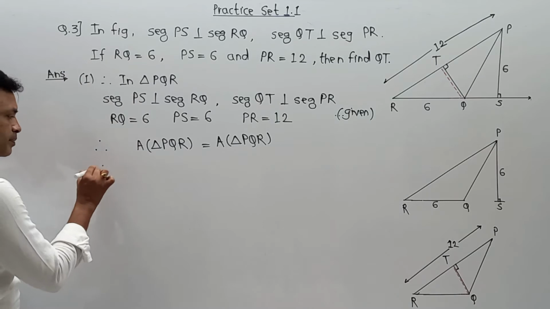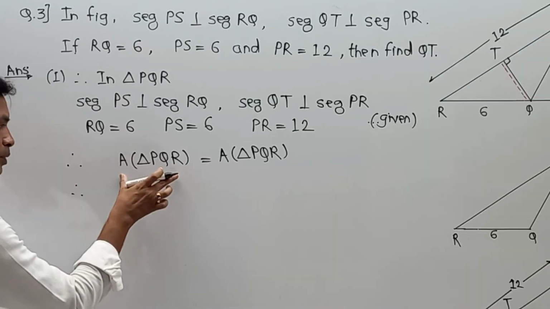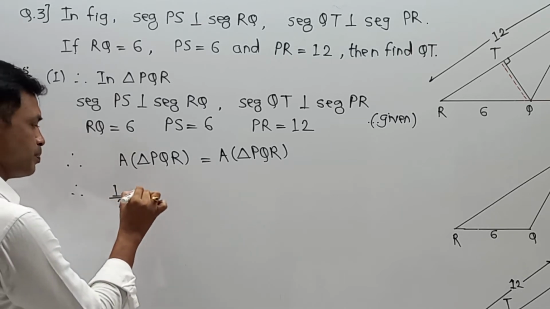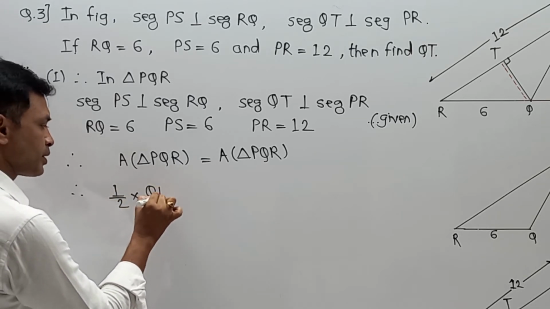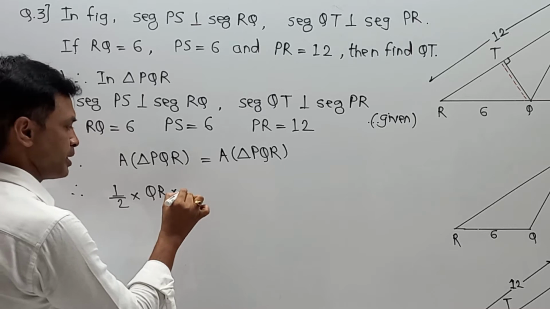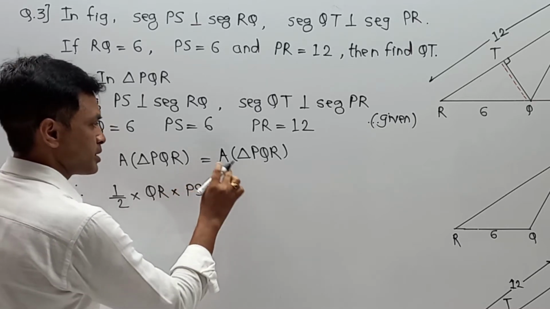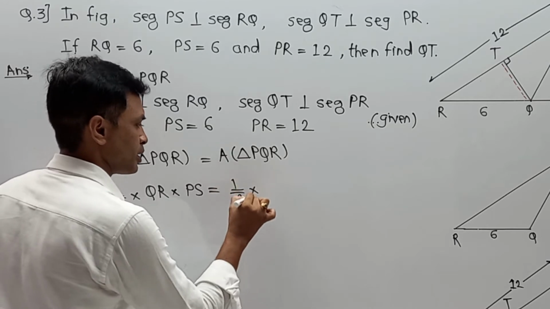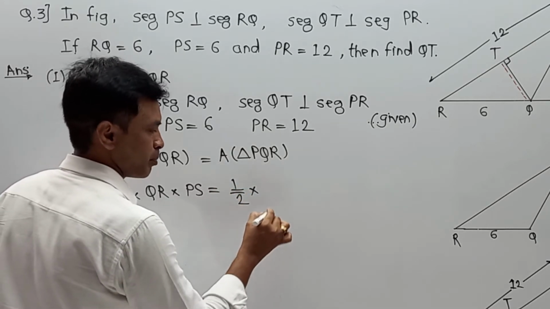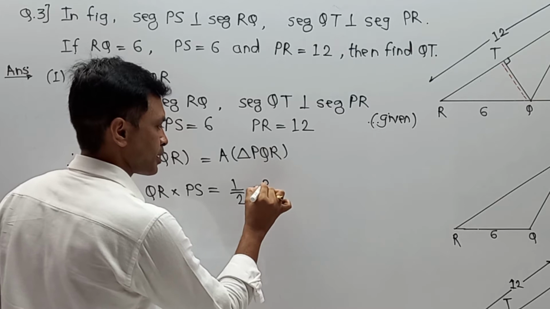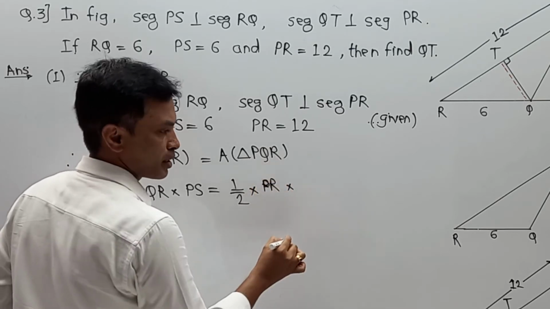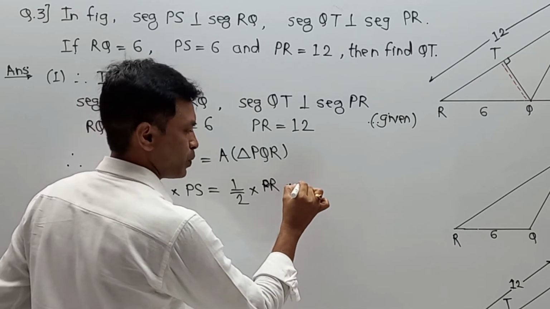From the first part, area of triangle PQR is half into base QR into height PS, equal to area of triangle PQR, which is half into base PR into height QT.